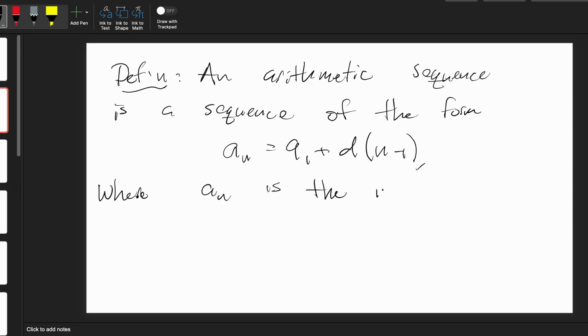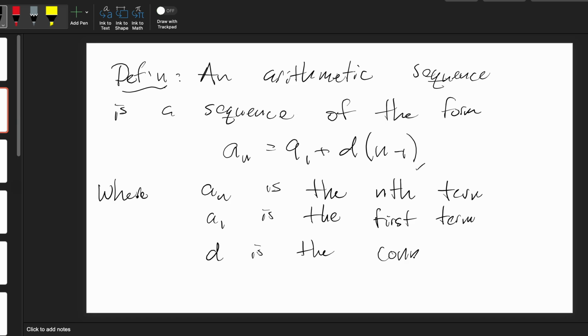Don't worry if you don't understand this right off the bat. We're going to do some examples and it'll be very clear. A sub n is the nth term. A sub 1 is the first term. D is the common difference. Okay, I'm going to underline that, common difference.